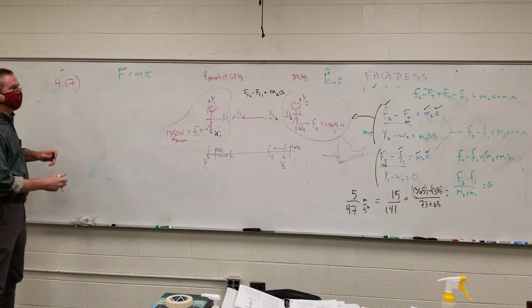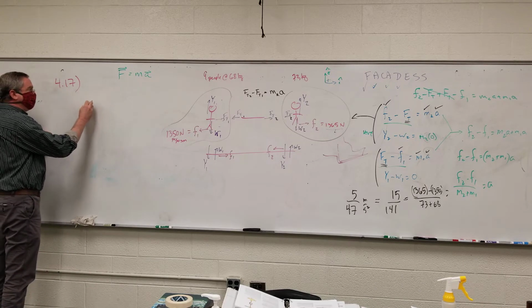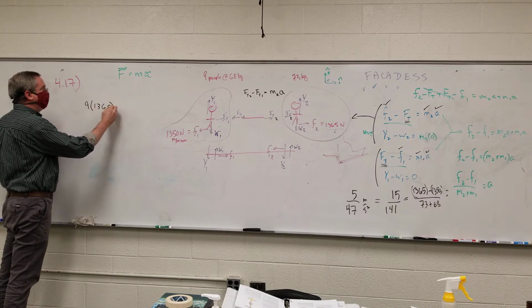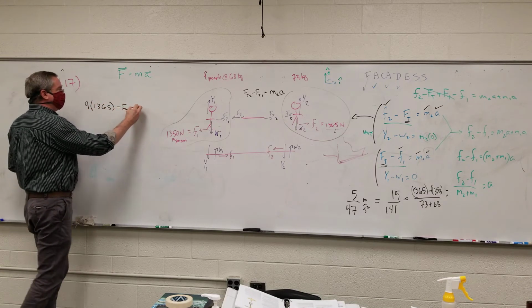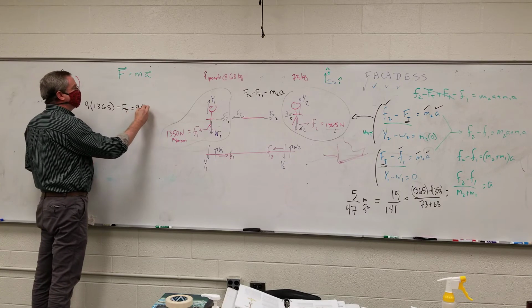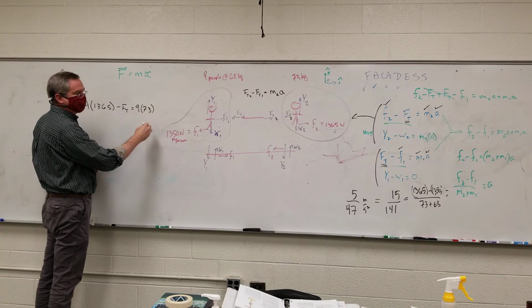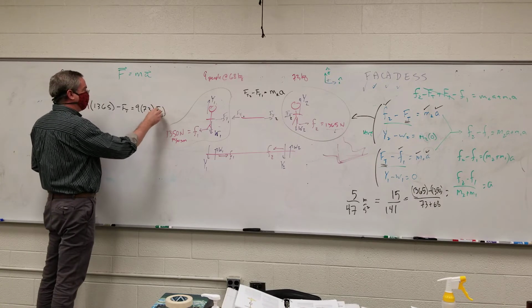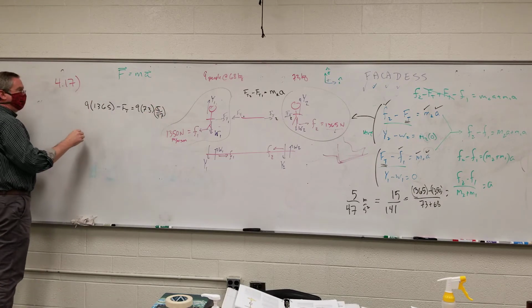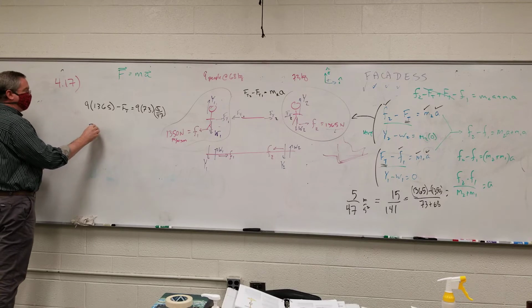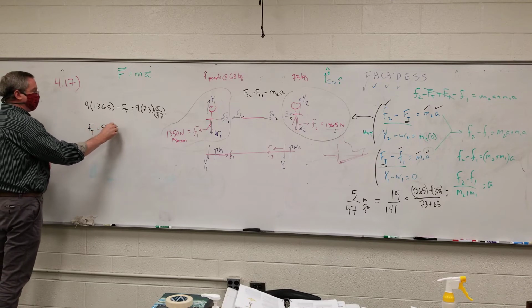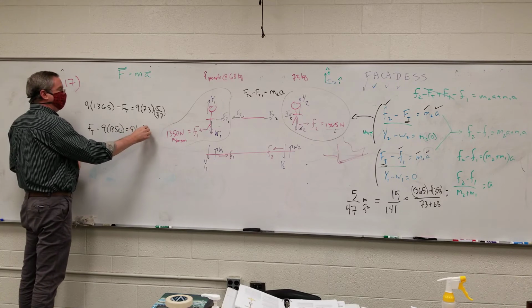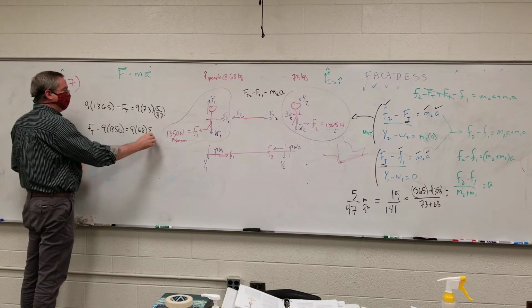So to find tension here, we have 9 times 1365 minus the tension is equal to 9 times 73 times 5/47, assuming I haven't made a mistake down there. Or tension minus 9 times 1350 is equal to 9 times 68 times 5/47.